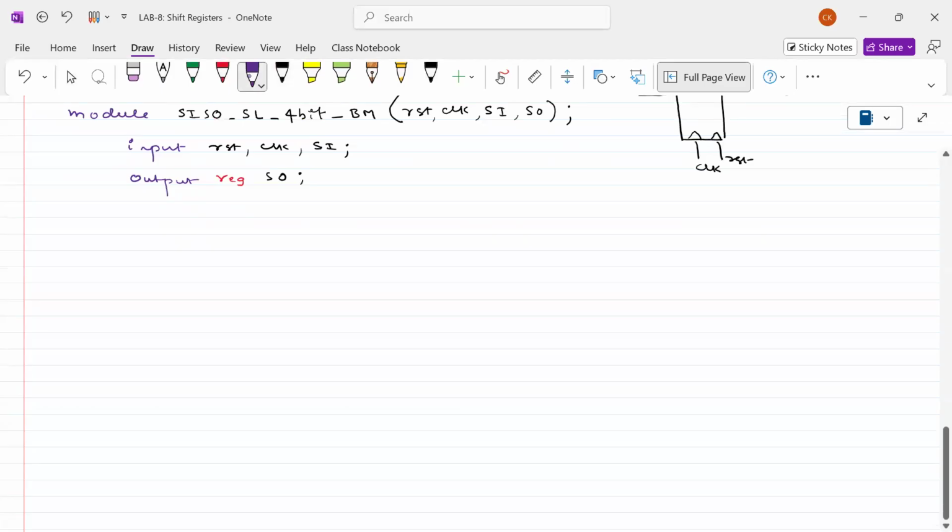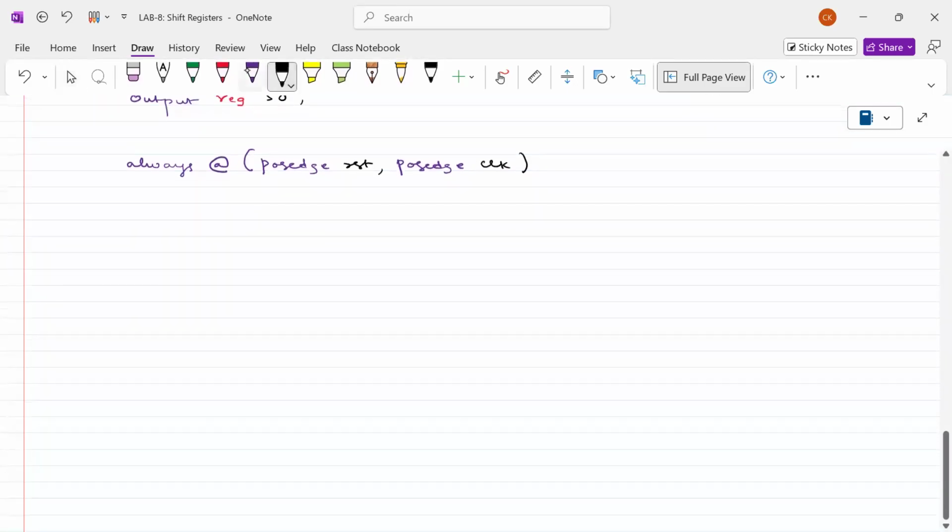So what is the logic here? Of course, we use the always block. Always at the rate of posedge of RST, posedge of clock.